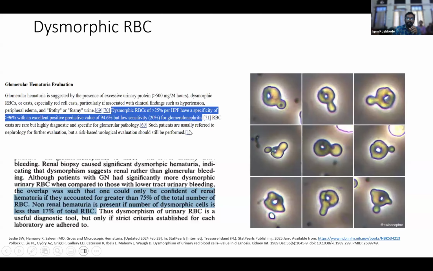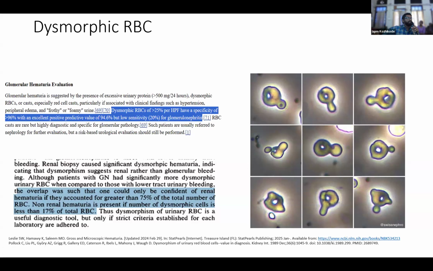And regarding the RBCs, there is a concept called dysmorphic RBCs. These have various dysmorphic shapes, and different names are there, like Mickey Mouse, donuts, G1, G2. The different authorities have different opinions.